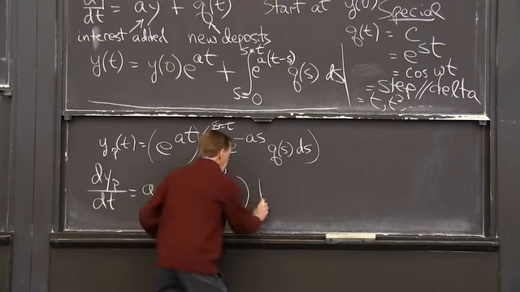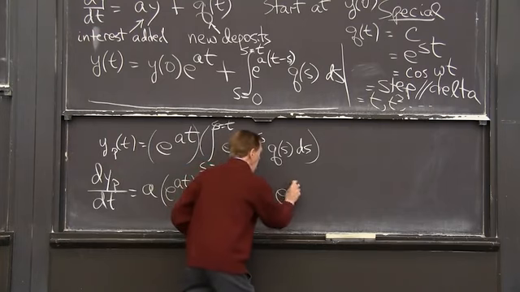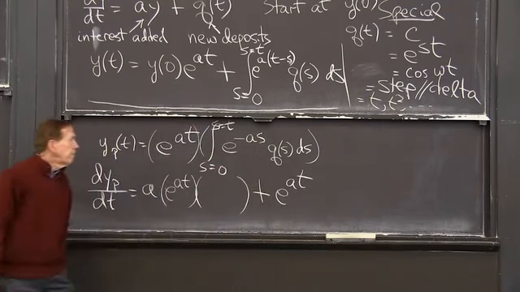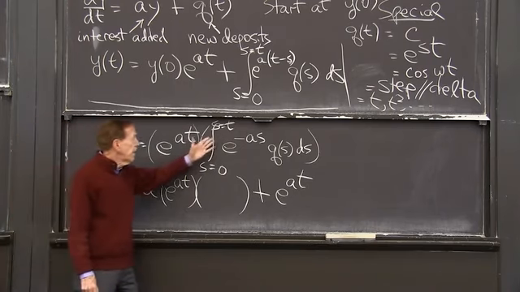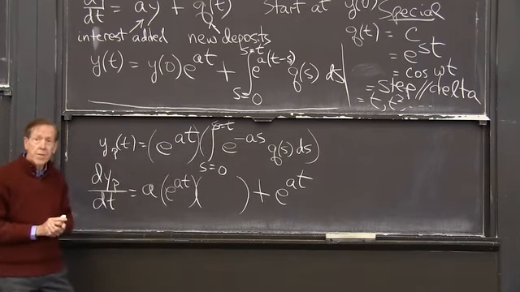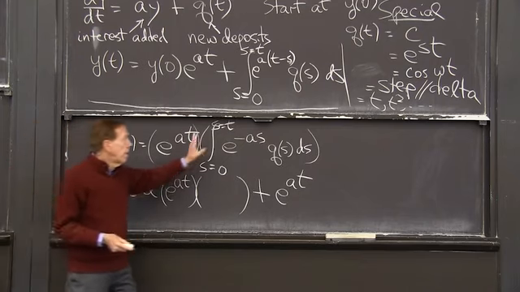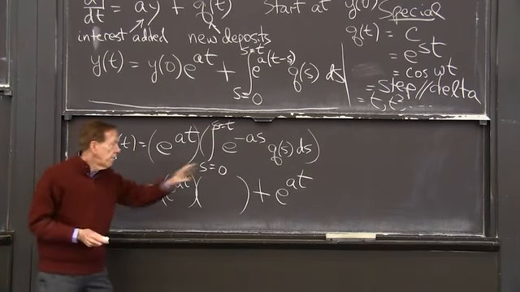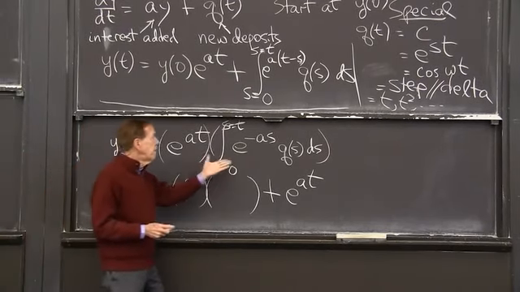But now, the product rule says I must also take that term times the derivative of this term. And that looks messier. What's the derivative of that function? It's a function of t, but it's an integral. What's its time derivative? That's the last piece of the product rule. Well, look what it is.